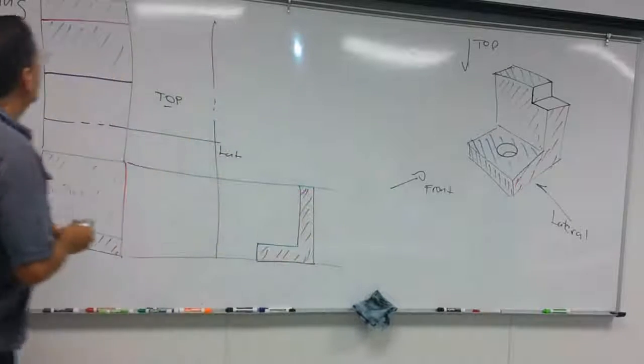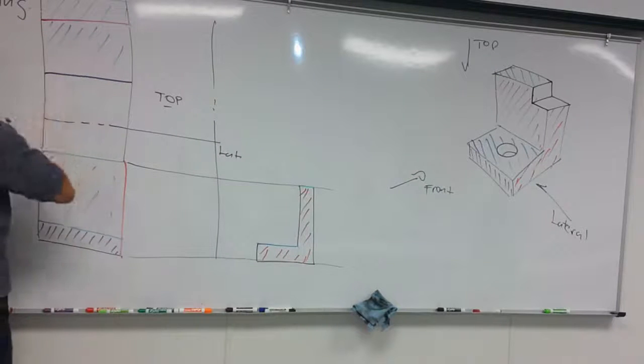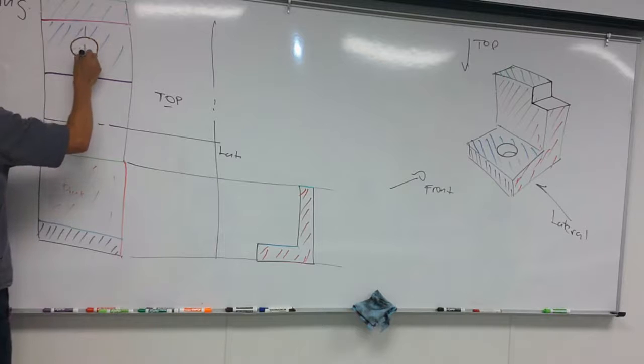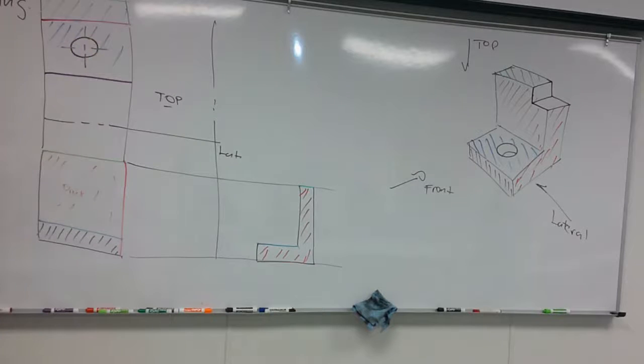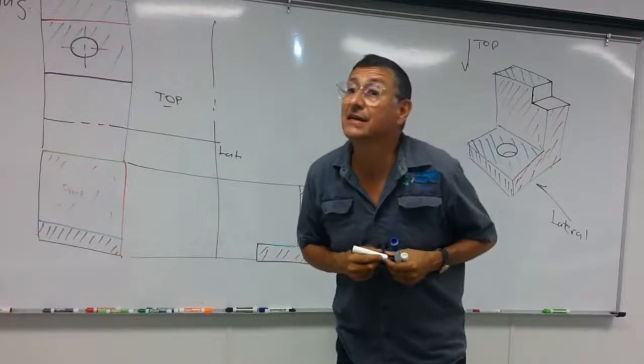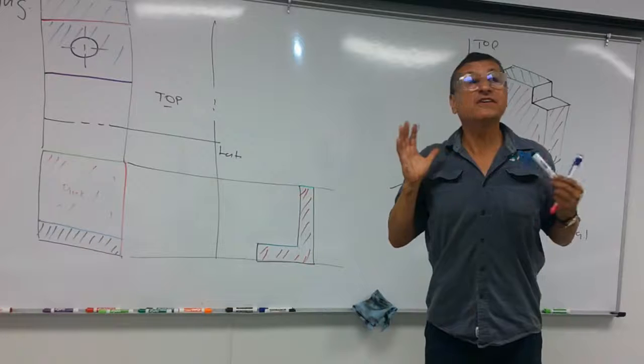On top. On top, in this area, I have the circle, and I am going to mark it with center lines. What about that hole in front? It is invisible.